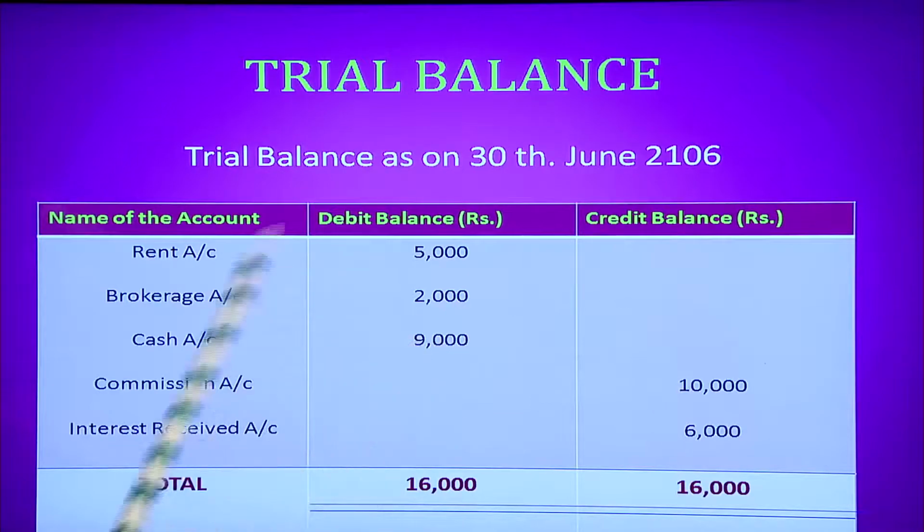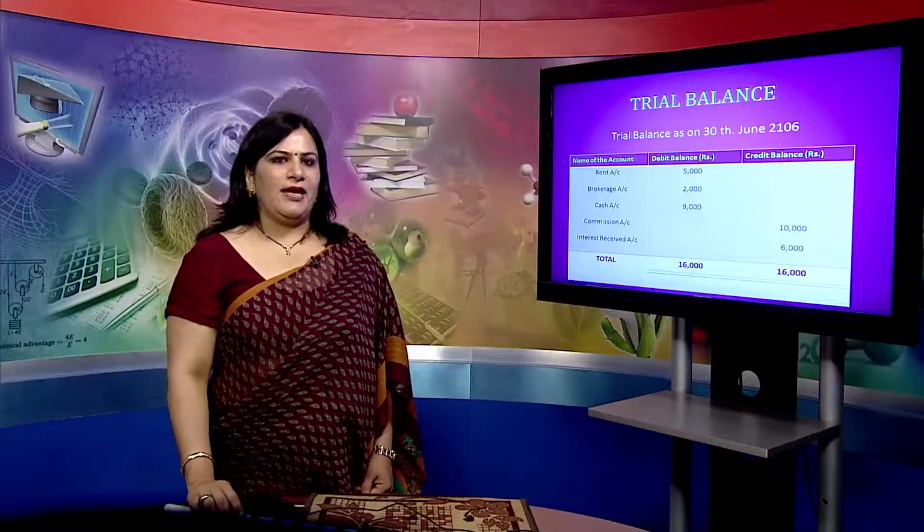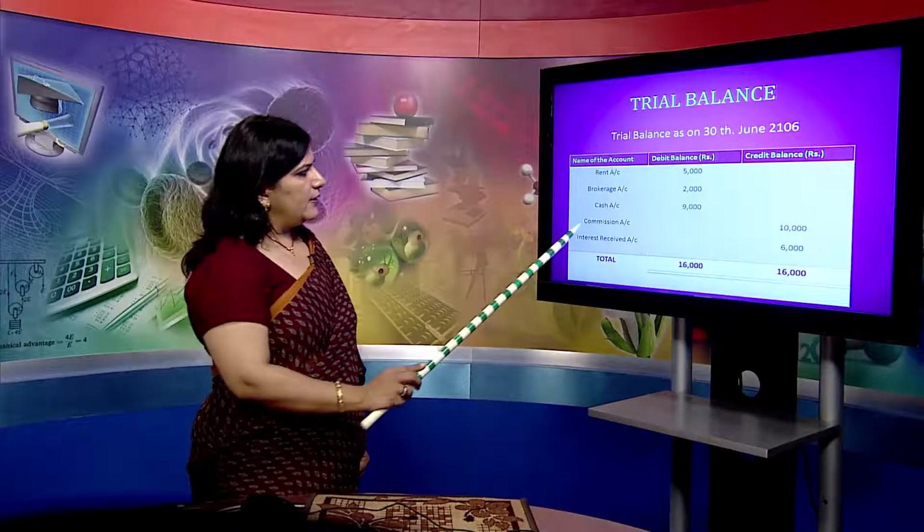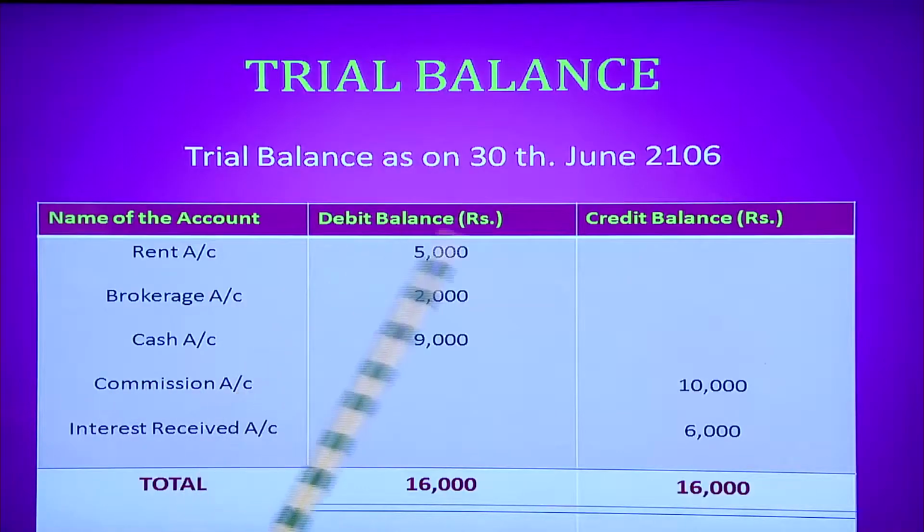Whichever side is greater in the ledger account, we read the balance from that particular side. Similarly, in commission account, we have a credit balance of 10,000 rupees and then finally, interest received account, on the credit side, we have a balance of 6,000 rupees.